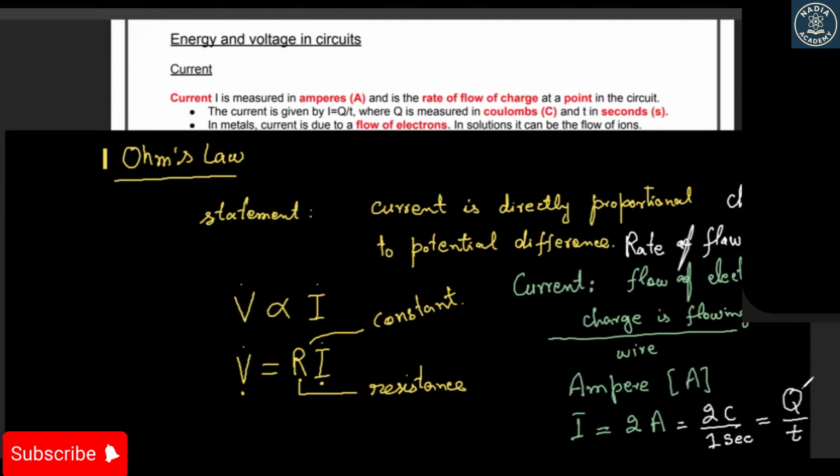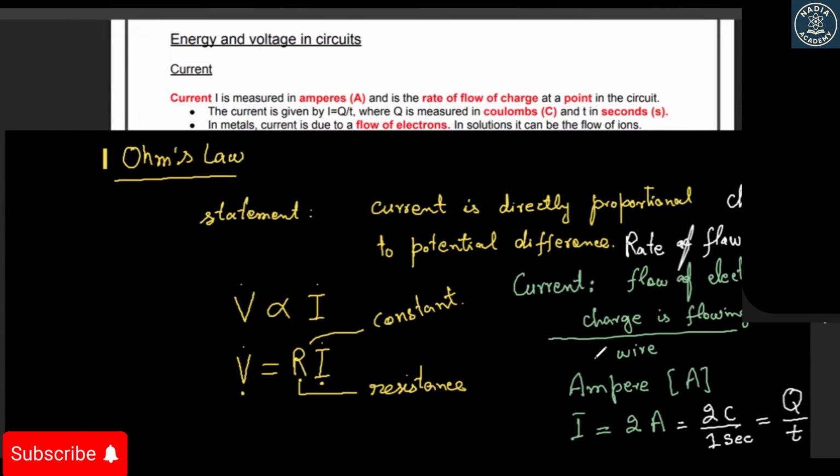In the same way, for example, let's go a little bit back to the motion chapter, where we defined speed and velocity as distance over time. When we are dividing with respect to time, it means it is a rate. Rate means how fast or how slow something is changing with respect to time.